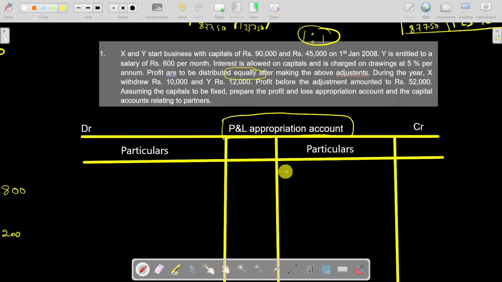So what will come in the credit side? First, by net profit. How much net profit we have? Here we have net profit of 52,000. Next, interest on capital will come under the debit side.